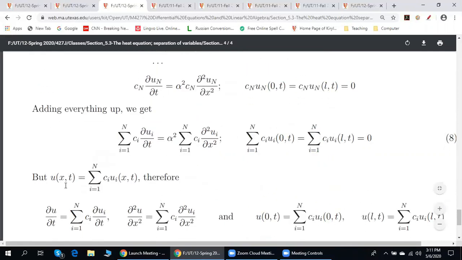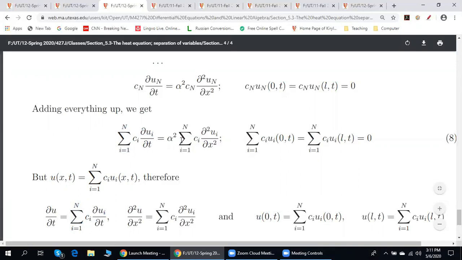Observe that since U is a linear combination of U1, U2, and so on, Un, the left-hand side of this equation, which is over here, is simply du dt.